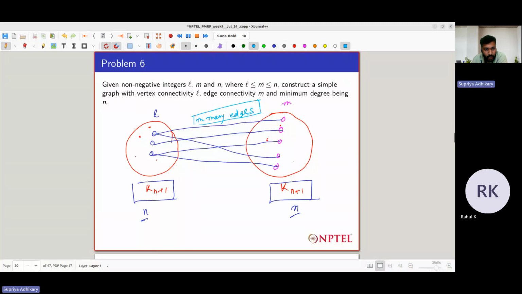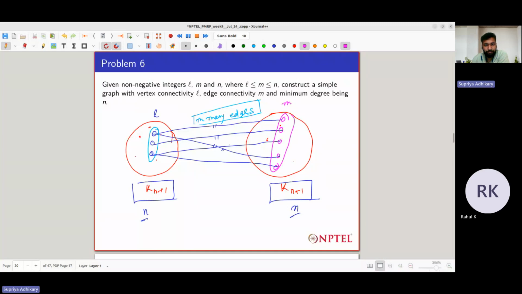But if we delete these n many vertices over here, then this will delete these edges as well, and that will create two connected components. And again, if we delete these m many vertices over here, then this will also create two connected components.